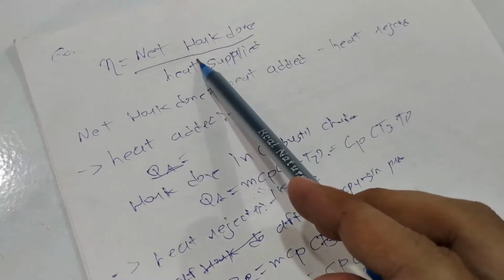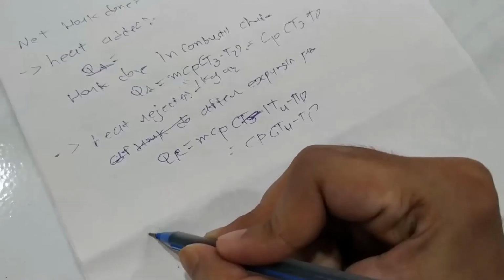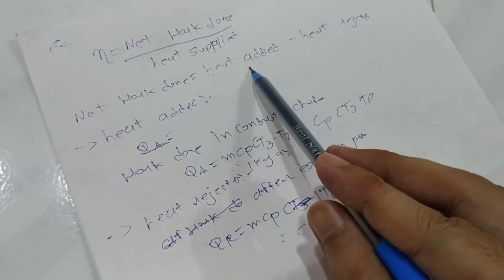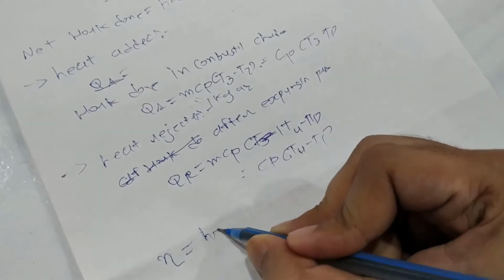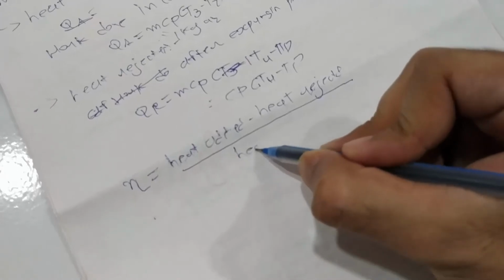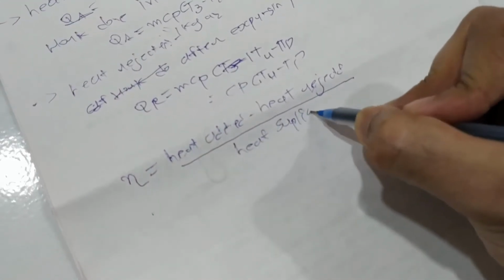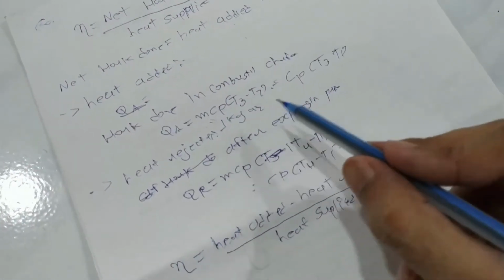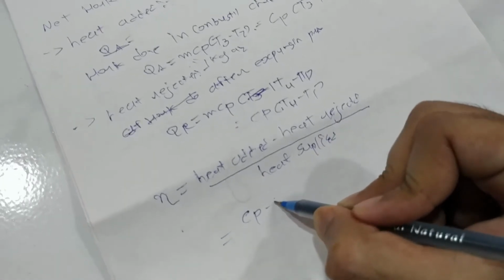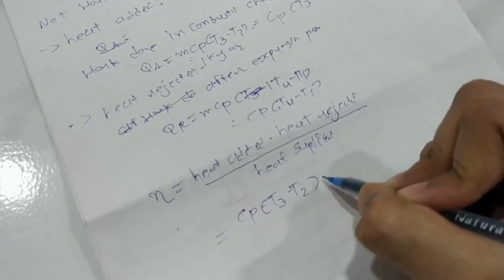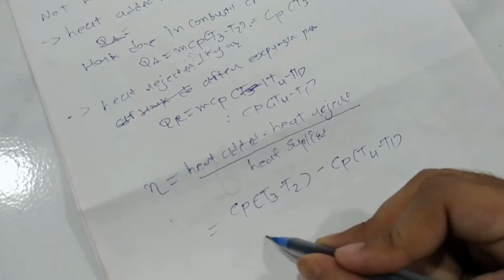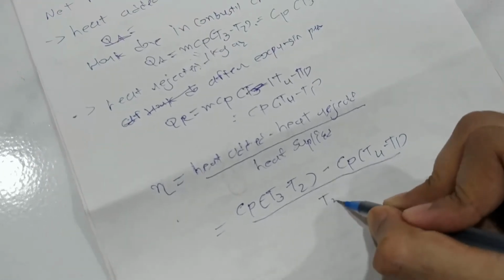So the heat added is Cp T3 minus T2, minus the heat rejected, Cp T4 minus T1, and the heat supplied is T3 minus T2.